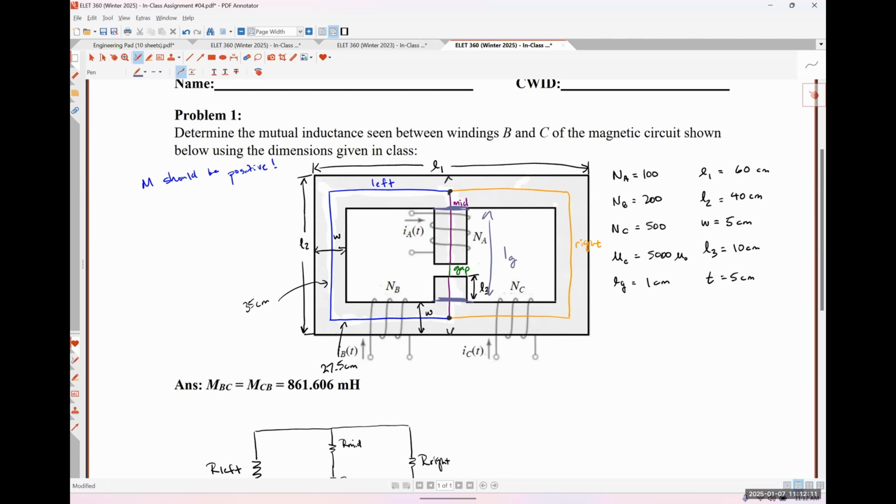Again, that math is working under the assumption that the length of the gap is small compared to the length of that flux path. So if the length of the gap is the whole flux path, it doesn't take that path. It's effectively just like an open circuit we would see in an electrical circuit. Okay.